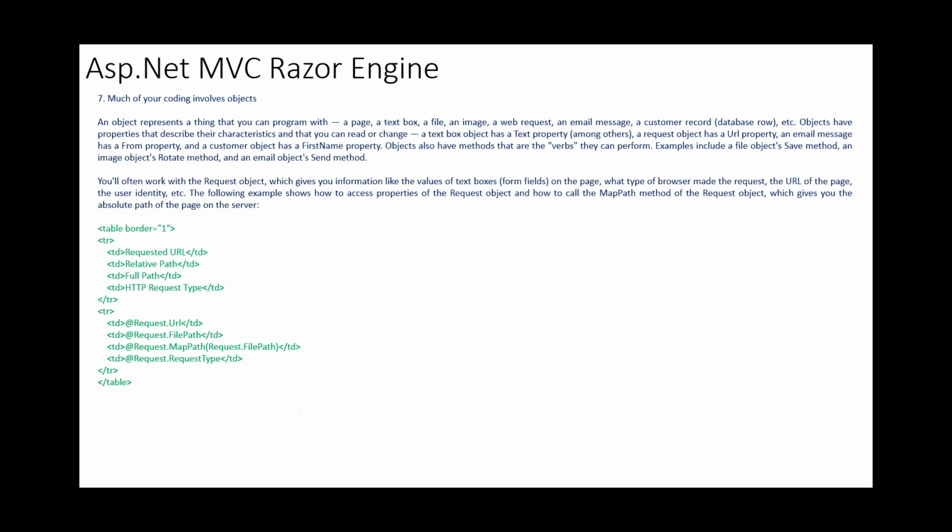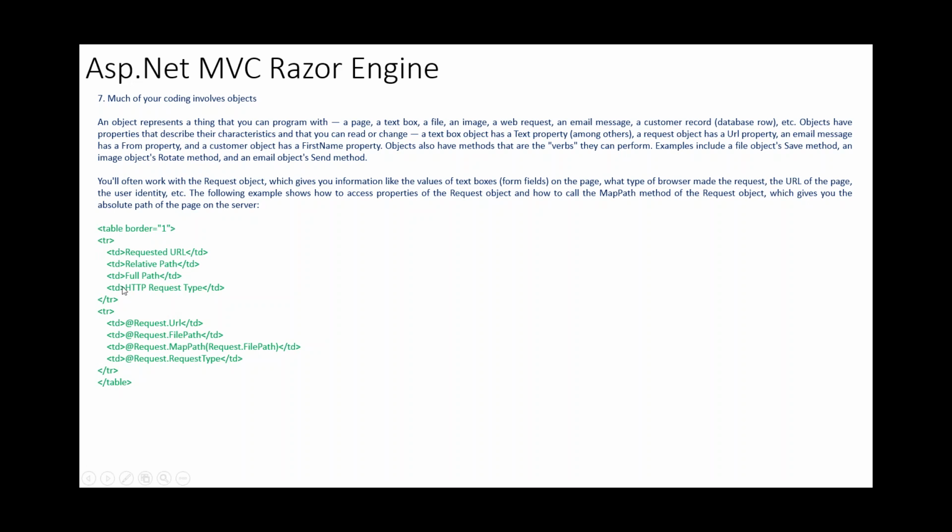So seventh, much of your coding involves objects. So you can use Request.Url and Request.FilePath, so from where the request is coming. All of these are from C# only. All the C# code only we are writing here.